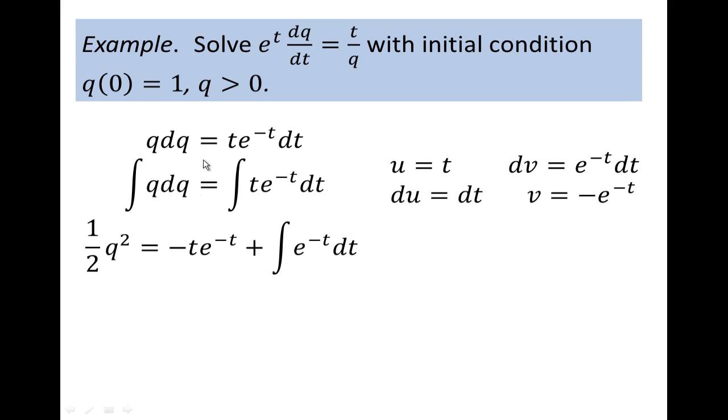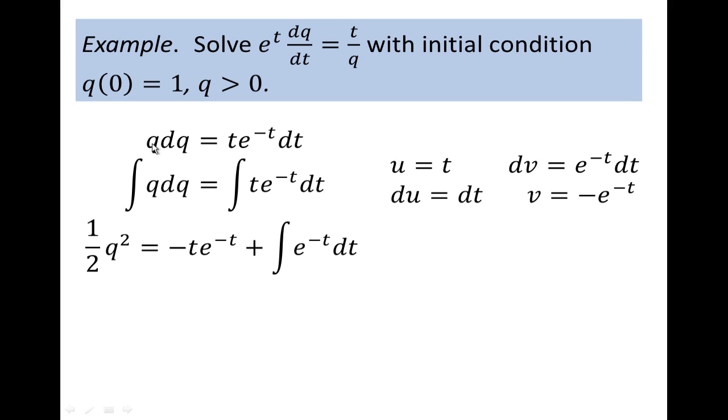At the same time, we will find the antiderivative of q. We get 1/2 q squared. u times v is the opposite of t times e to the negative t, minus the integral of the product of these two, but because one of the factors is negative, the subtraction becomes addition, and we just have the sum of the integral of e to the negative t dt.